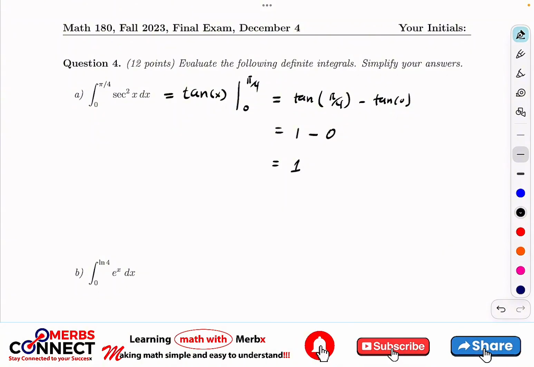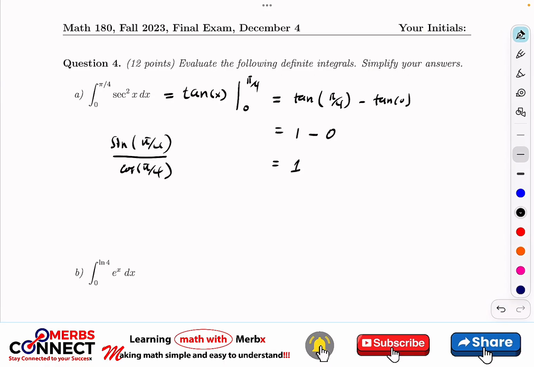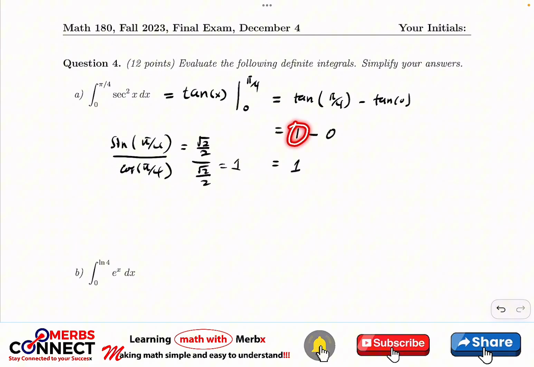So here what I did was I was thinking of sine of pi on 4 divided by cosine of pi on 4. Now on the unit circle, this is square root of 2 divided by square root of 2, and this is going to give us 1. So that's the reason why the tangent here is 1, if you don't know how to evaluate this.